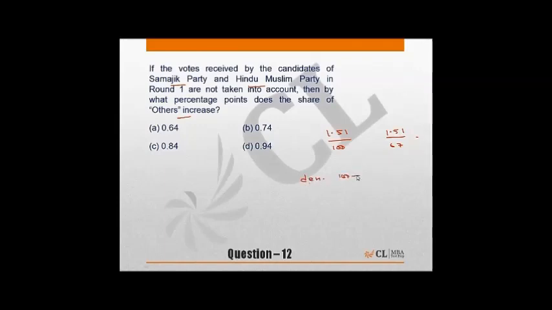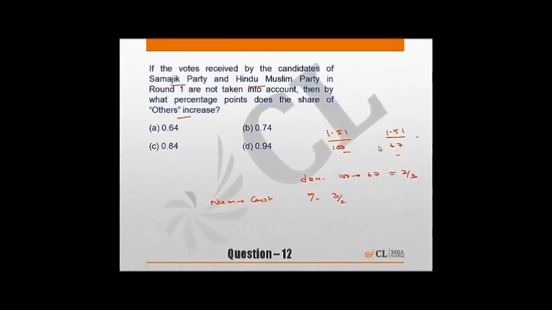Denominator has moved from 100 to 67, or it has become 2/3. That means the numerator is constant, so the percentage, because the denominator has become 2/3, should become 3/2.